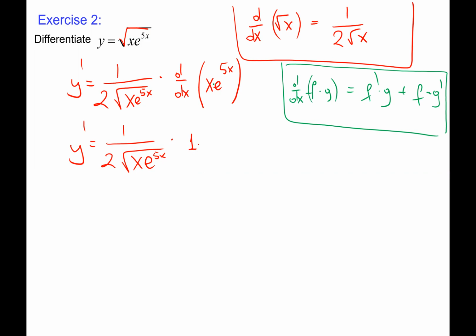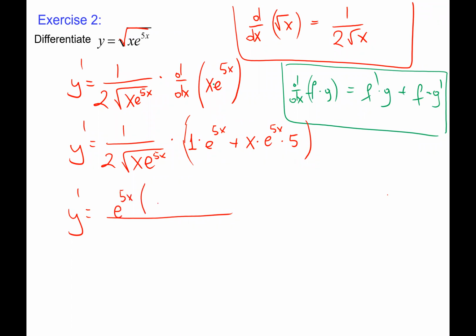The derivative of x is 1 times e to the power of 5x plus x times the derivative of e to the 5x, which is e to the 5x times the derivative of the exponent, 5. Wow. Okay, let's simplify. I can put the entire expression on the top of this fraction, and I can factor out e to the power of 5x, and I will have 1 plus 5x.